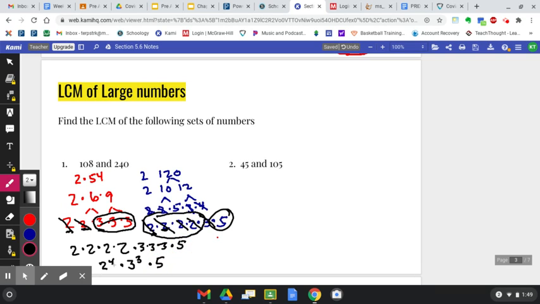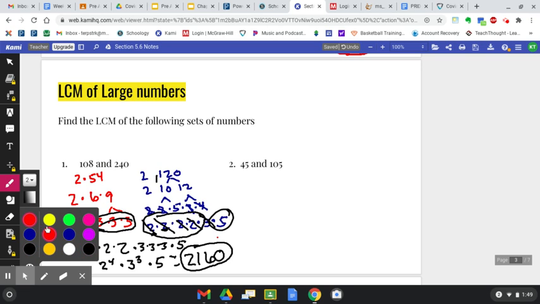So then I would type in my calculator 2 to the 4th times 3 to the 3rd times 5. And it should end up being 2160. 2160 is the LCM for 108 and 240. Okay.